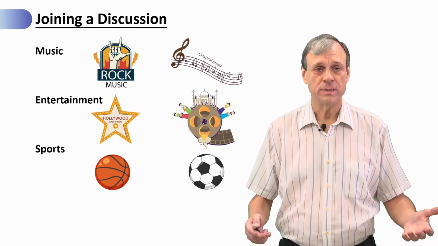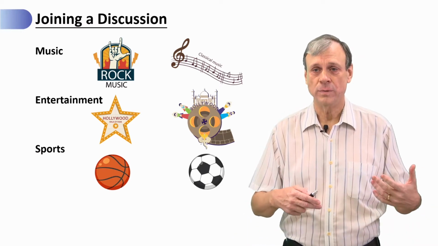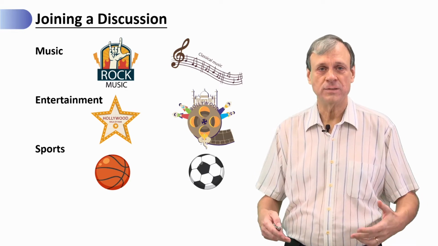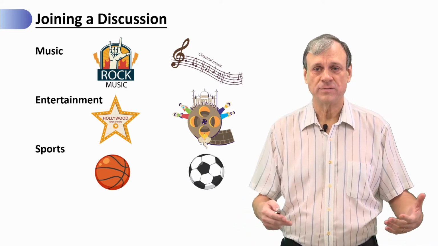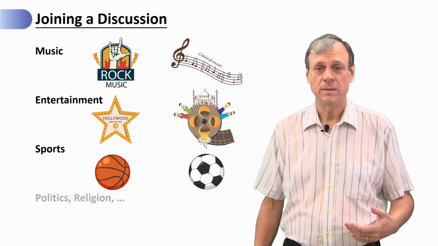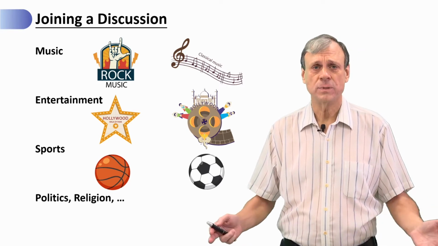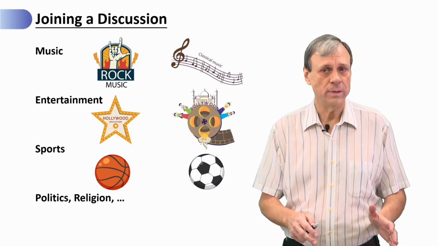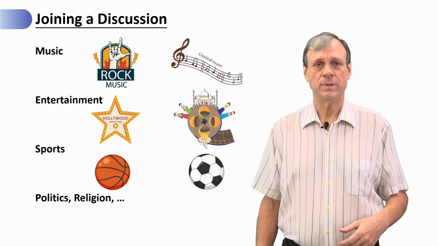In sports, every sport has its own lingo for different leagues, for different players, different types of plays. Same is true for politics, religion, anything. If you want to join a discussion about any of those, you need to know the vocabulary.